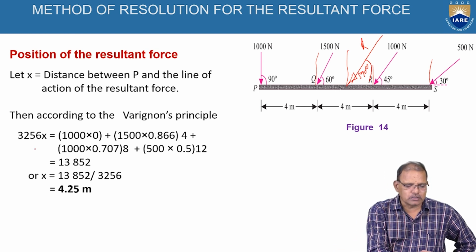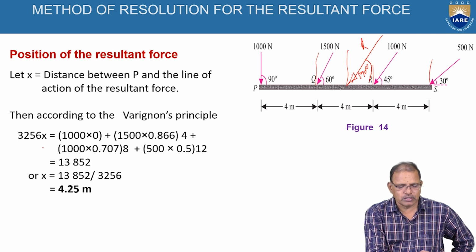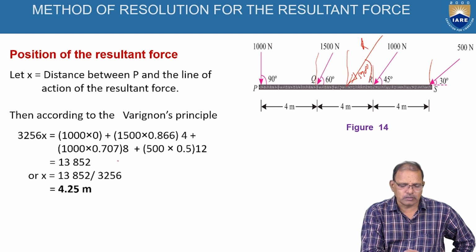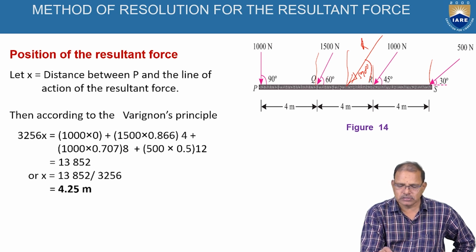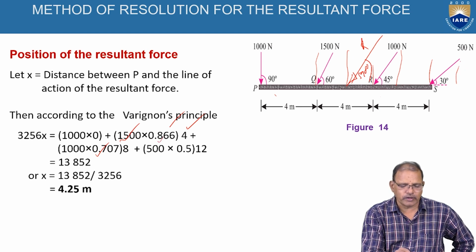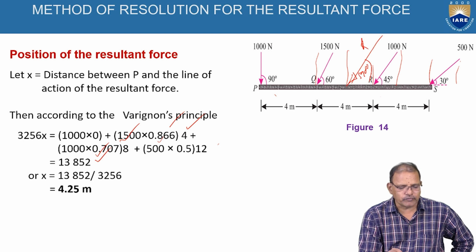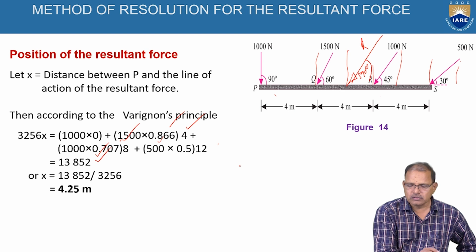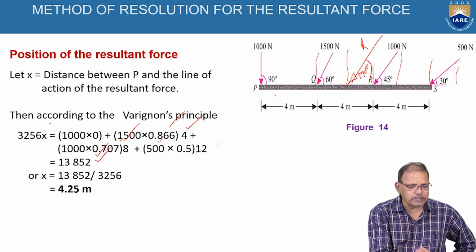So, 3256 into x is equal to 1000 into 0, plus the second one, 1500 into sin 60, which is 0.8664, into the distance 4. The third one is the force 1000 into sin 45, into the distance 8, plus 500 into sin 30, which is 500 into 0.5 into 12, which is equal to 13,852. This is equal to the vertical component multiplied by the x distance.